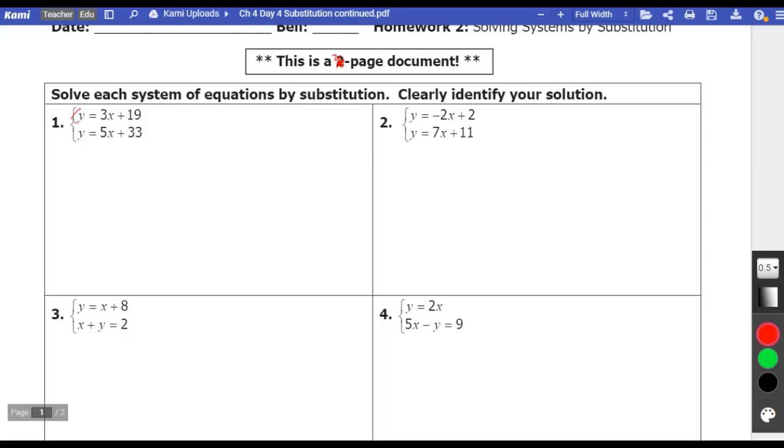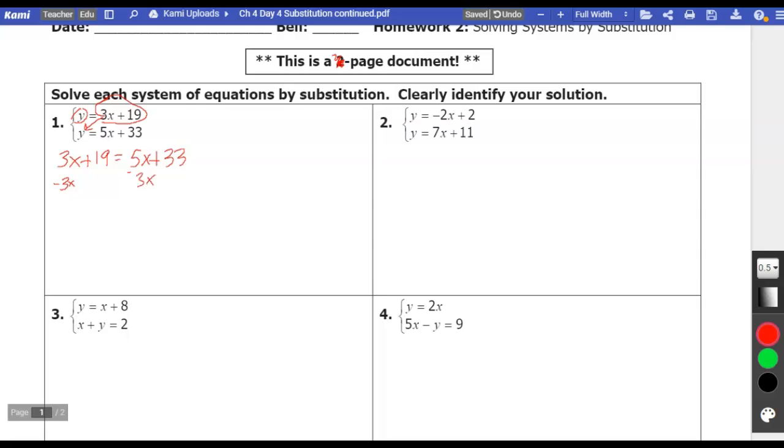Since this y is equal to this, and we know that these two equations are equal, there's our substitution. So it just becomes 3x plus 19 equals 5x plus 33. Now I have one variable and I can solve.